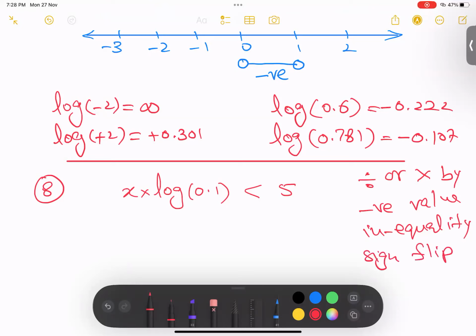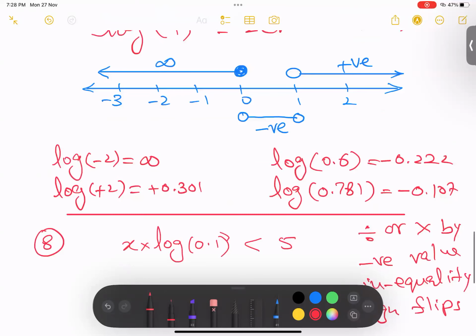For example, 0.1 is coming in the middle here. I repeat, 0.1 is coming somewhere here. So when you type the logarithm of this one, it gives you a negative answer. Students make the mistake of forgetting this property: 0.1, 0.2, 0.3, up to 1, all values will give you a negative answer.